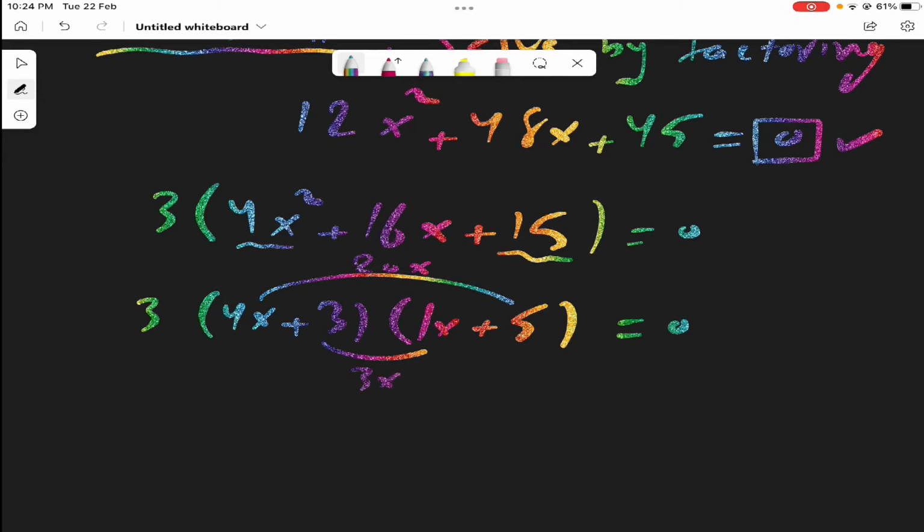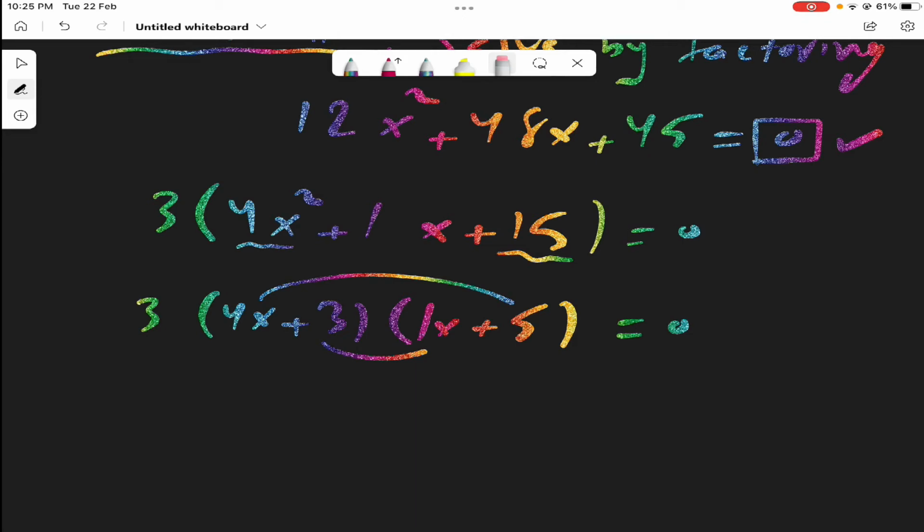When you add 20 and 3, you get 23x, which is not the middle one. So this is wrong. Keep trying until you get the correct pair.